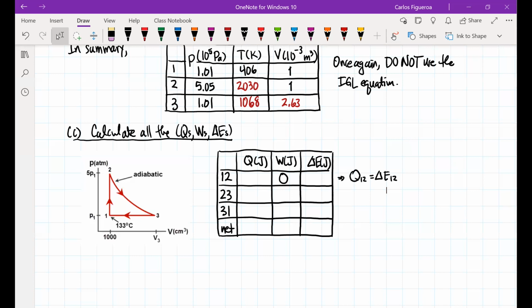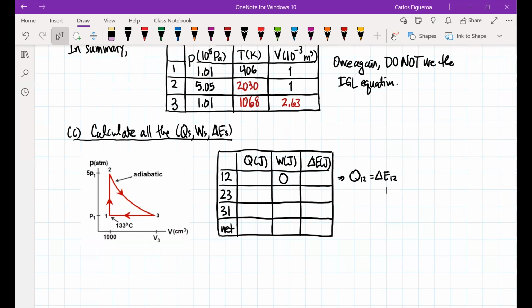I want to calculate everything about this process. When I look at it, I know that the heat is clearly 0. So I should not try to calculate the work, because you've got that curve, which requires an integral. The easier way is to calculate the internal energy change to get the work.